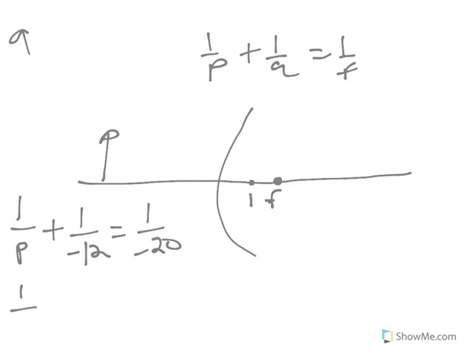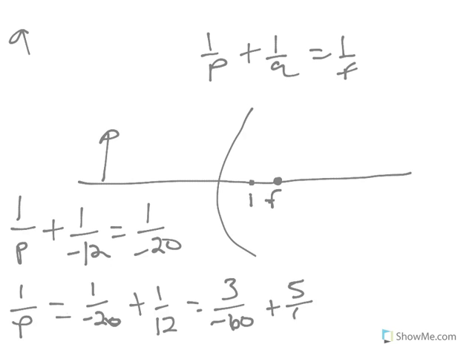So I would get 1 over P equals 1 divided by negative 20 plus 1 over 12, or 3 over negative 60 plus 5 over 60.